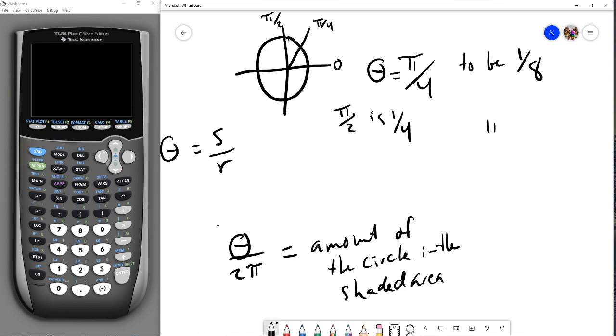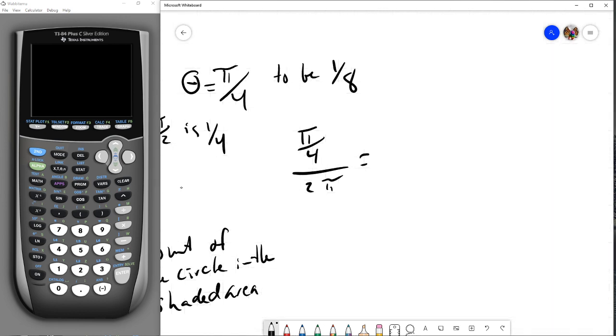So if we take pi over 4 and divide that by 2 pi, notice we get pi over 4 times 1 over 2 pi, the pi's cancel out, and that gives us our 1/8. Or if you want to think in terms of percentage, this is 12.5%. Right? 1 divided by 8 is 12.5% of the circle.